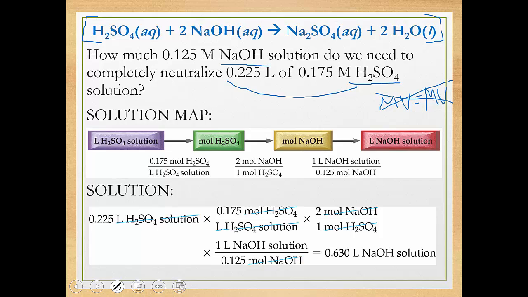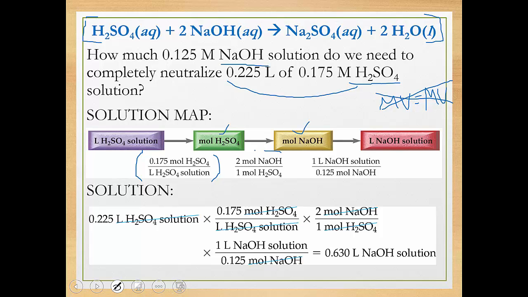Since that's what I'm looking for, let's start at the other end with what I know. I have 0.225 liters of sulfuric acid, and it's 0.175 molar. A volume and a molarity will tell me the number of moles. So volume times molarity gives me the number of moles of sulfuric acid.